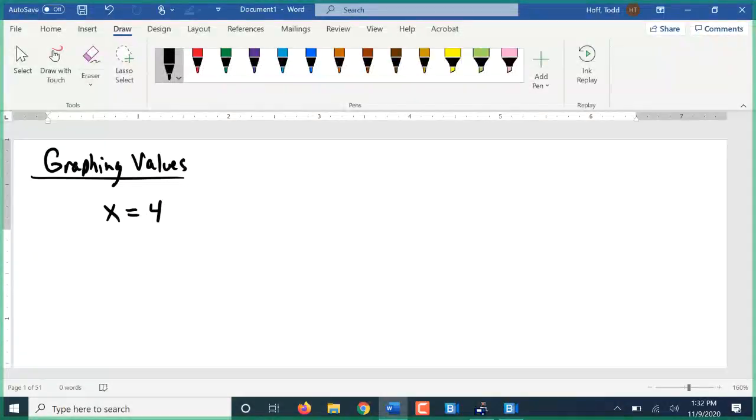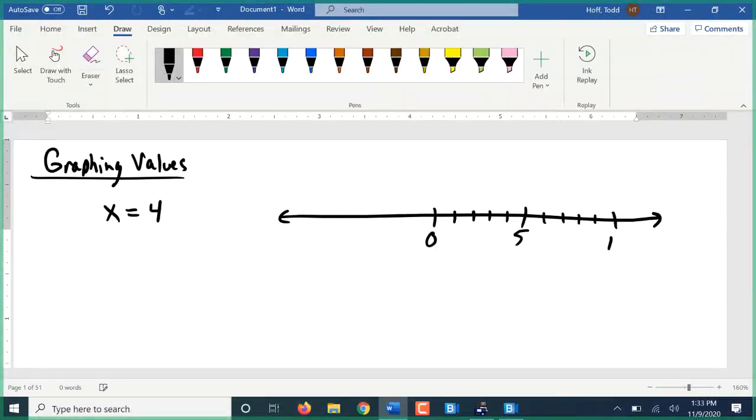Graphing that value would be quite simple. Go to the number line. We've used number lines several times before. And we've actually seen a couple of different ways of representing x equals 4 on the number line already.